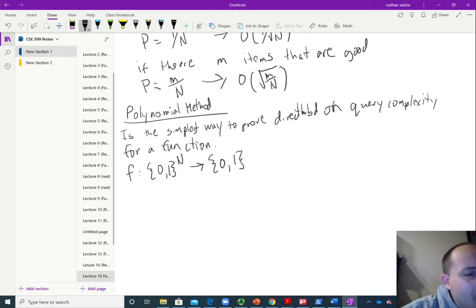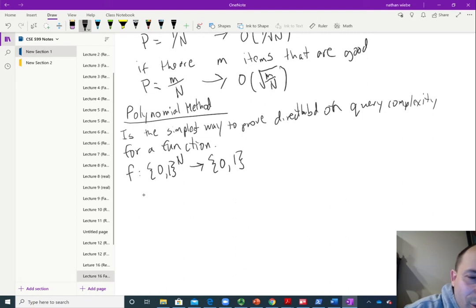What we'd like to do is find how many times this mapping has to be queried in order to evaluate the function that we want. And part of this evaluation is getting enough information to uniquely specify what the function is doing.